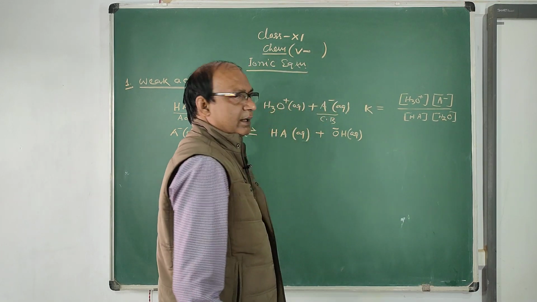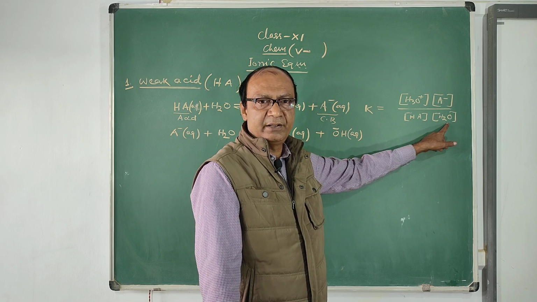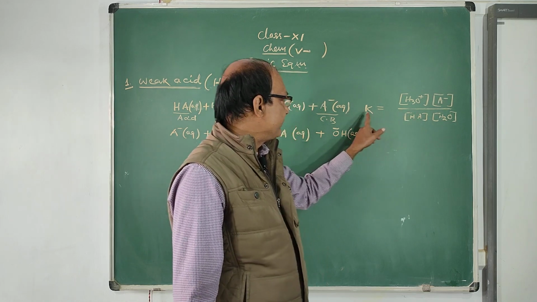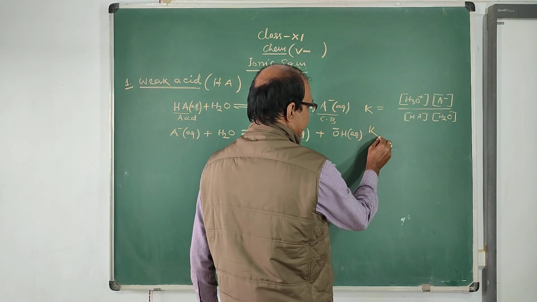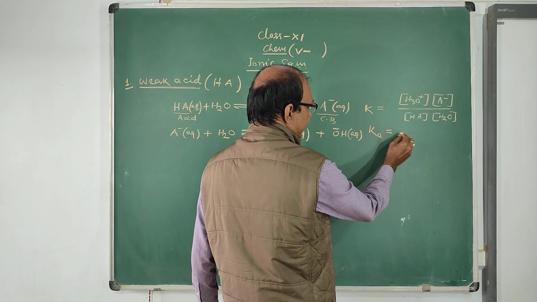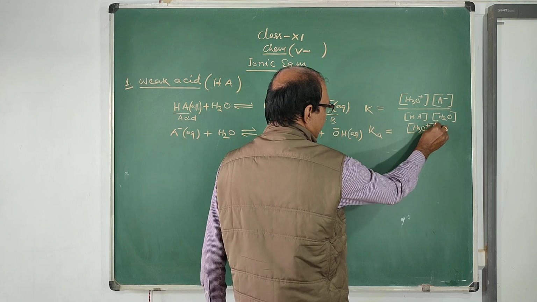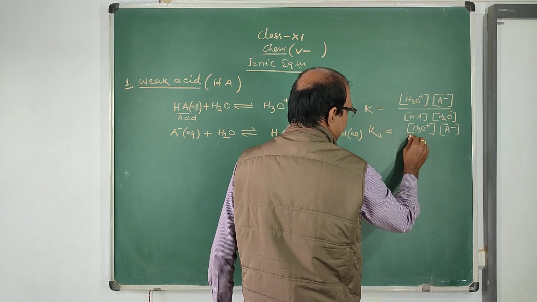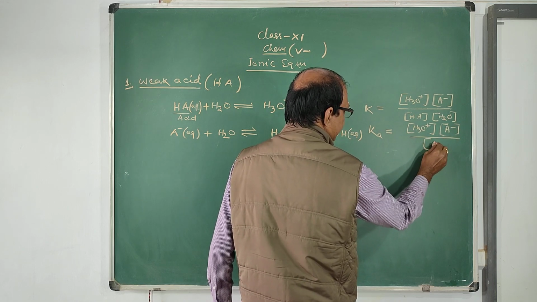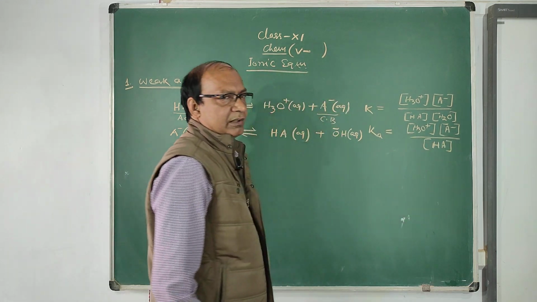As we know that water is a pure liquid, its concentration will remain constant. Therefore this constant multiplied by this constant is denoted by Ka. Ka equals concentration of hydronium ion into concentration of A minus divided by concentration of HA. So this is known as the acid dissociation constant.